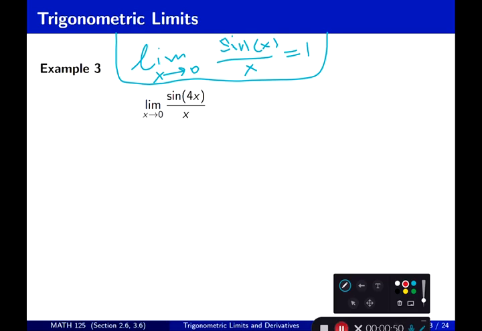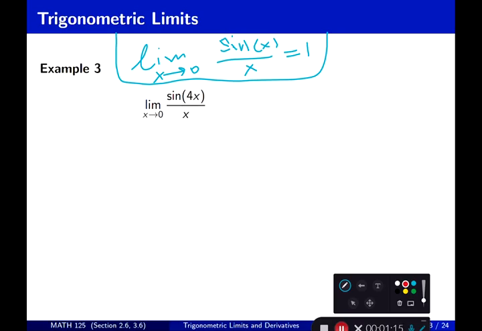I cannot change the angle a whole lot because it's sine of 4x, and converting that to an expression of sine of x will require a lot of identities, and then we basically make the limit a little bit more complex.